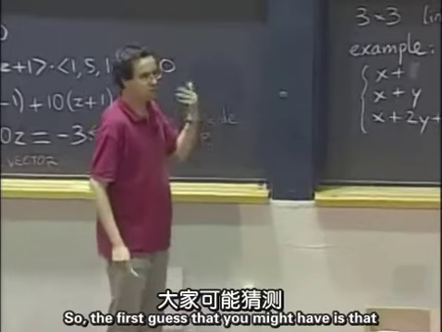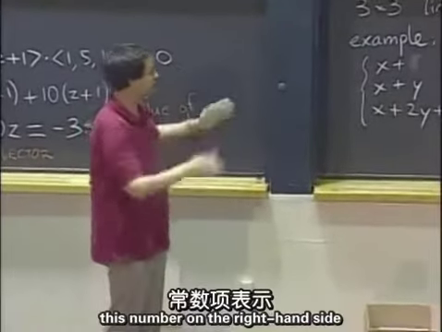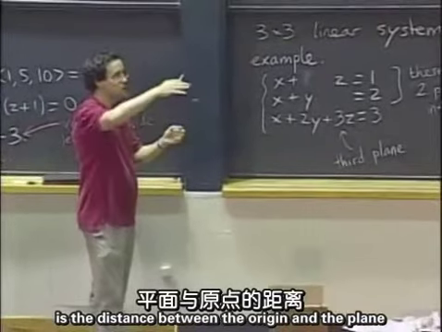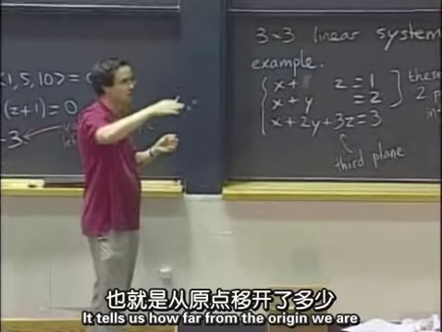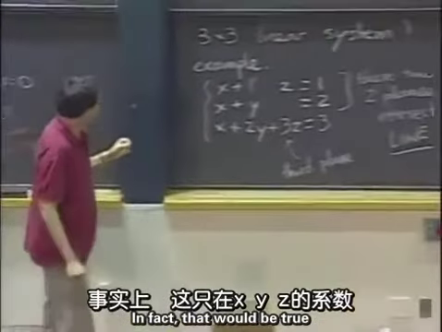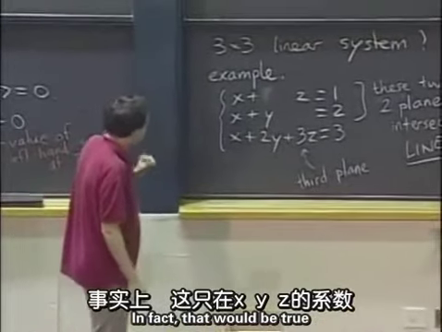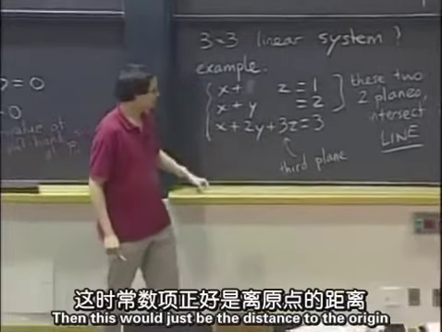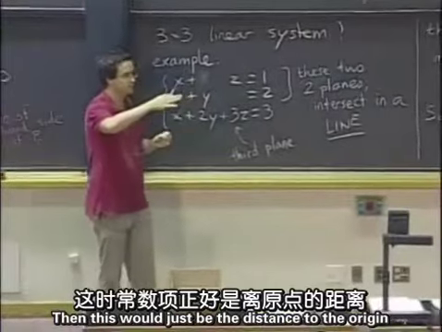So the first guess that you might have is that this number on the right-hand side is the distance between the origin and the plane. It tells us how far from the origin we are. That is not quite true. In fact, that would be true if the coefficients here form a unit vector. Then this would just be the distance to the origin.